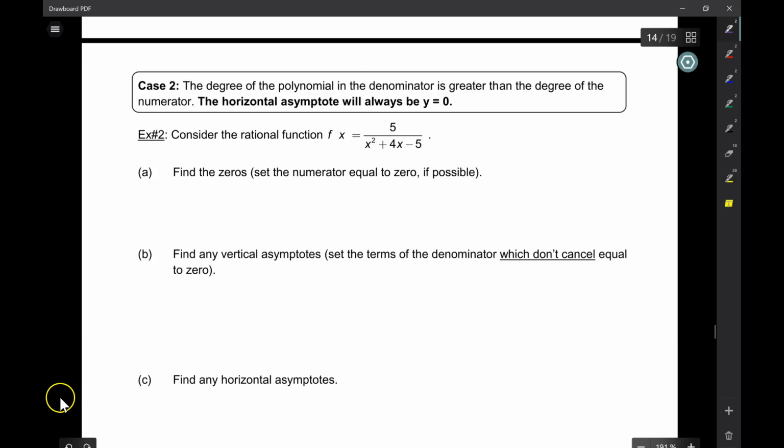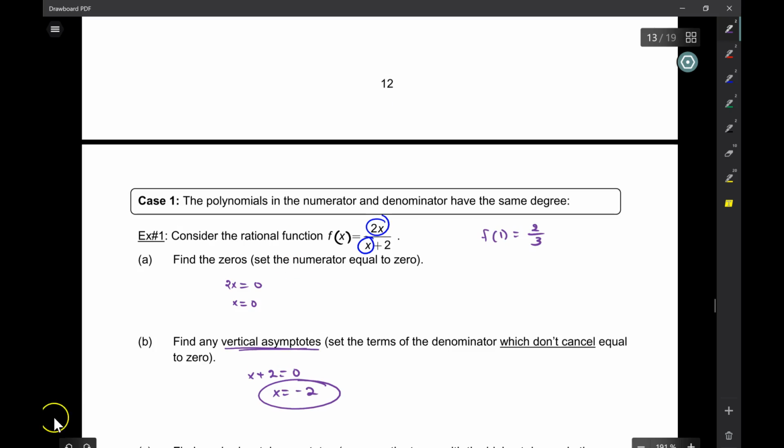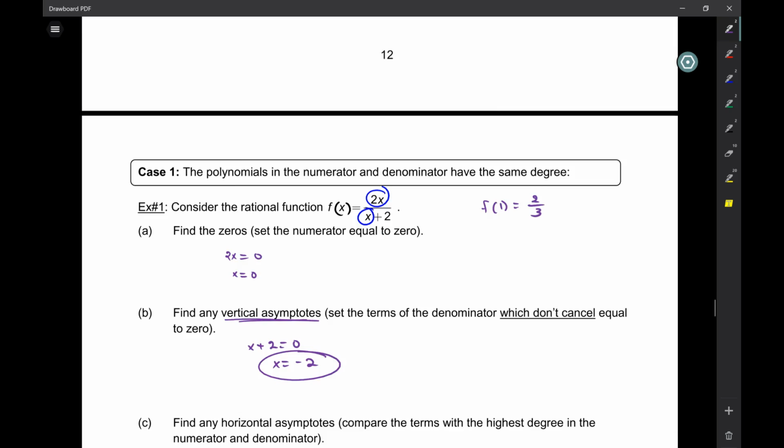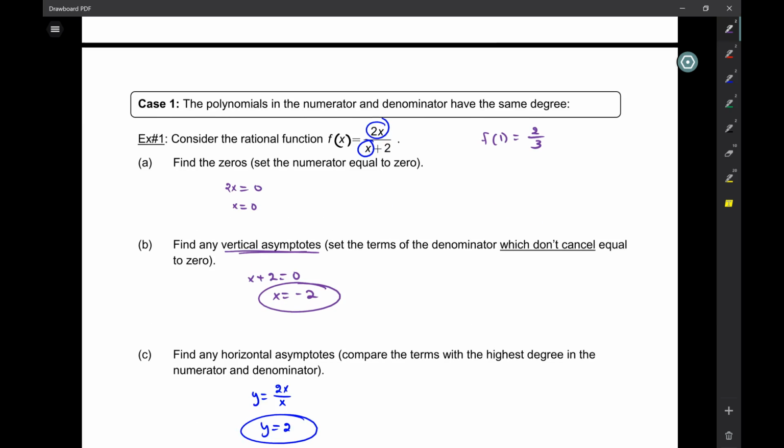Continue with this. Last time we talked about case one of rational functions, which was that the polynomials in the numerator and denominator have the same degree. Here we had 2x and x, or like x squared over x squared, and that affects the horizontal asymptote because then you just look at the coefficients of the terms.